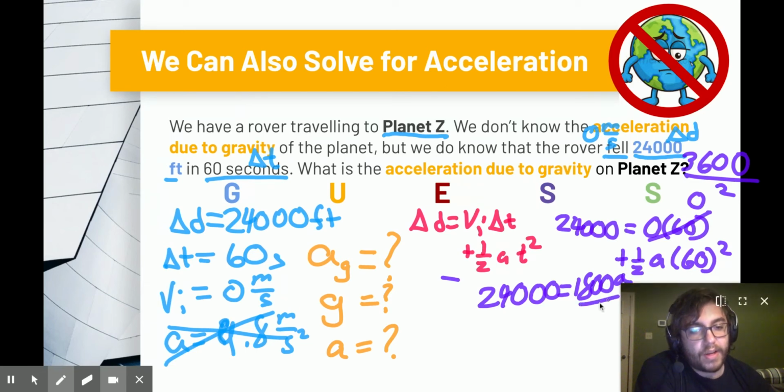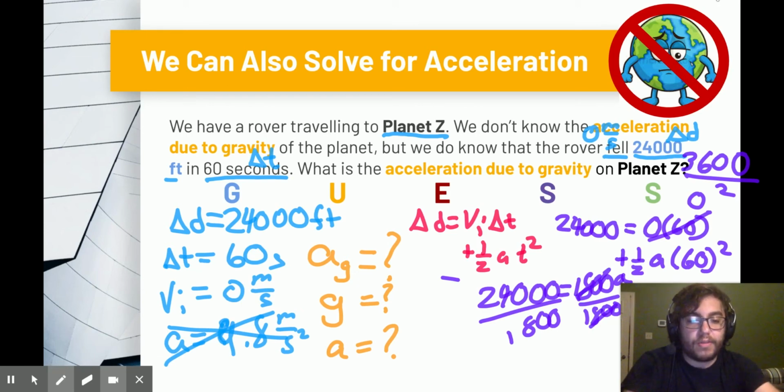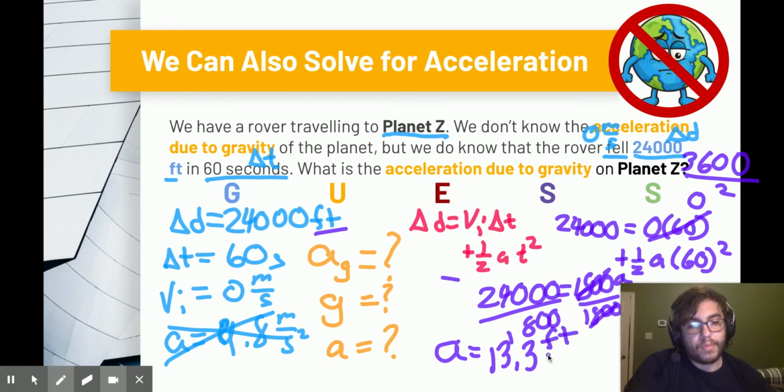Then all we gotta do is divide both sides by 1,800. Then we have 24,000 divided by 1,800, and that gives us an answer of A is equal to 13.3. Since it's feet, it's got to be feet per second squared.